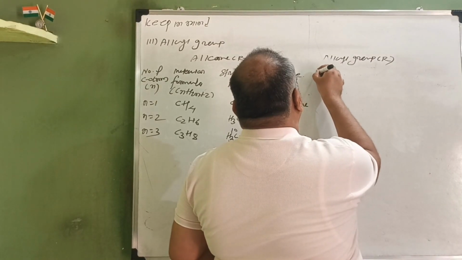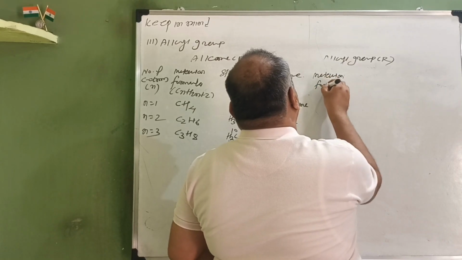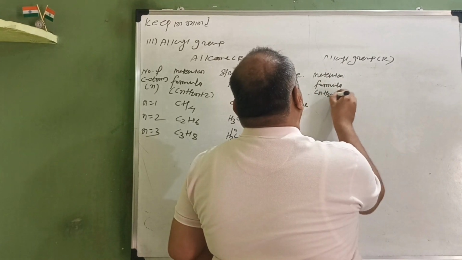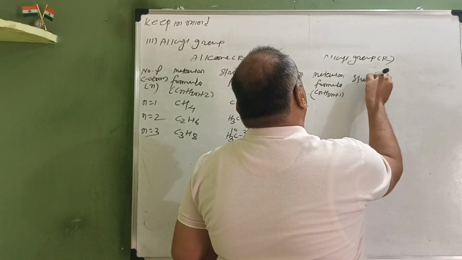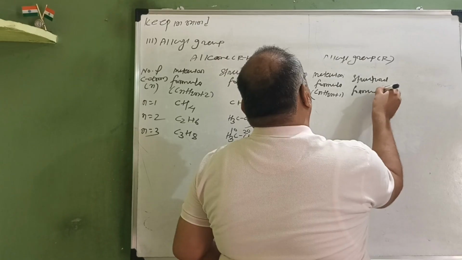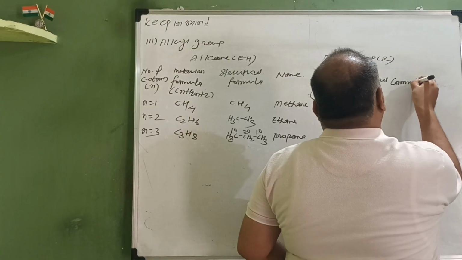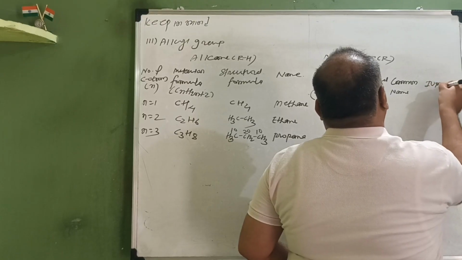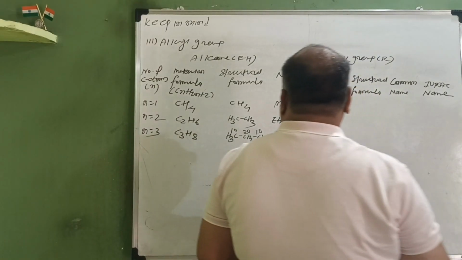Now here write down molecular formula CnH2n plus 1. Here structural formula, here common name, and here write down IUPAC name.